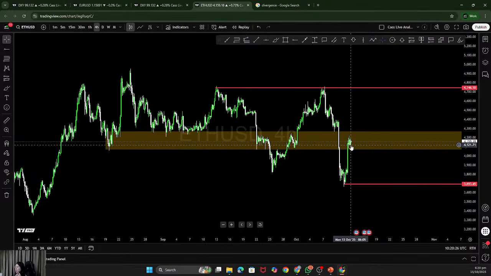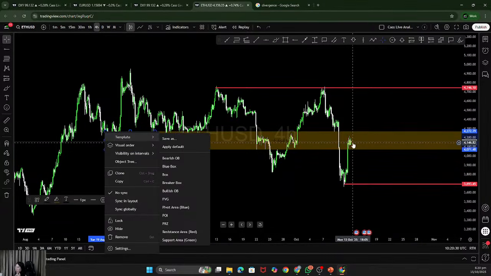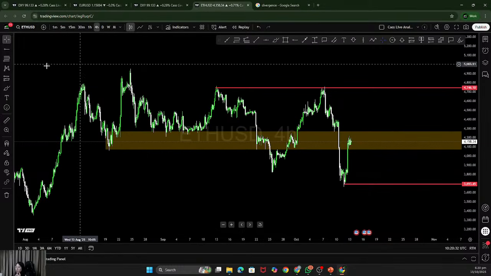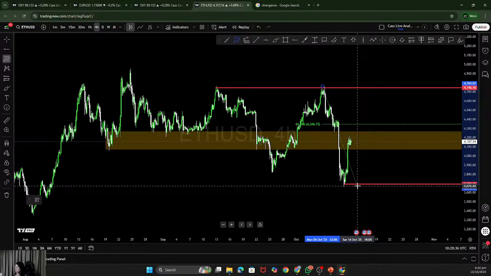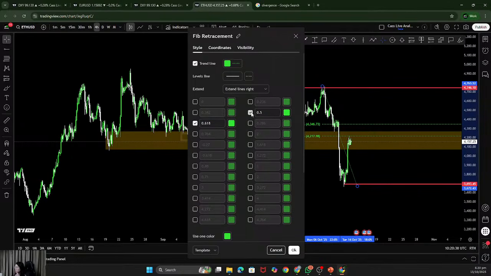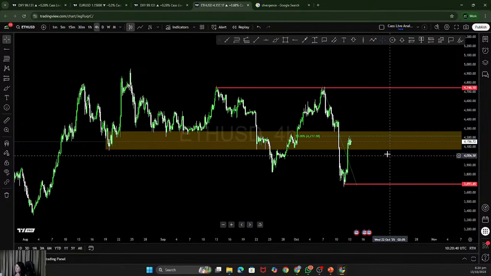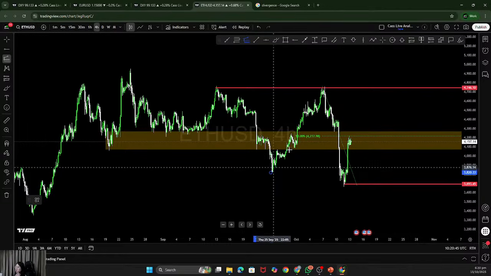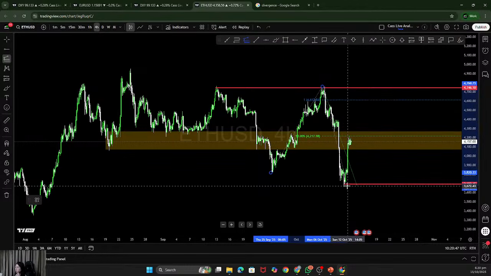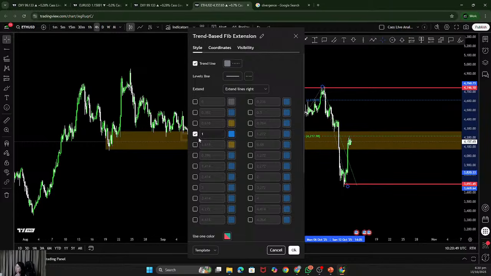Okay, it could be that Ethereum might just reverse right now in this gold box. Where in this gold box? Might be the 50%? 1, 2, 3. The 78.6.